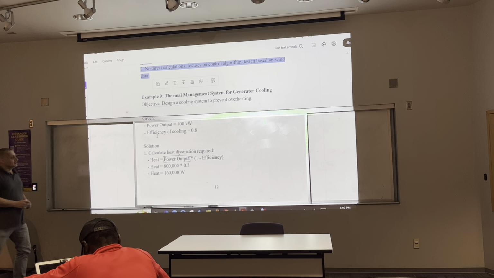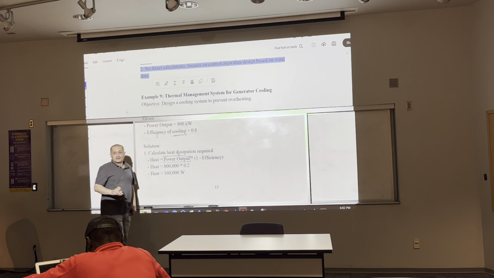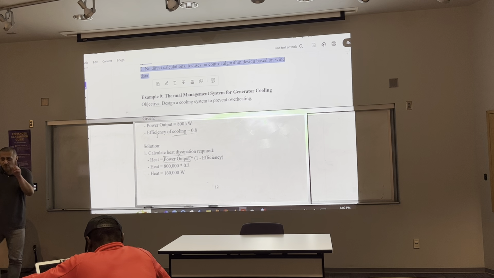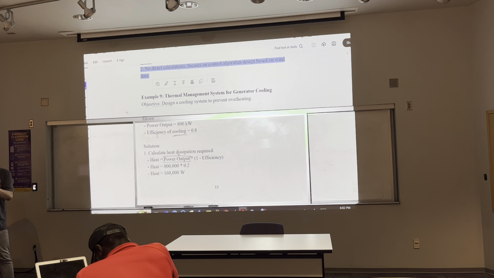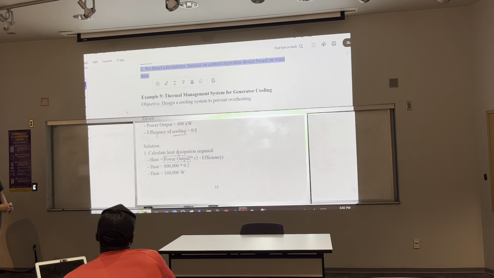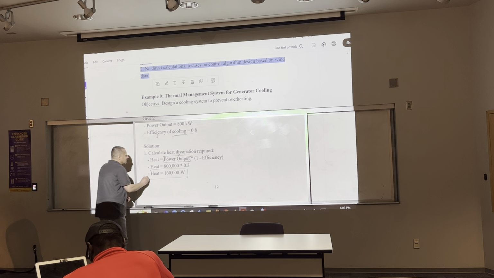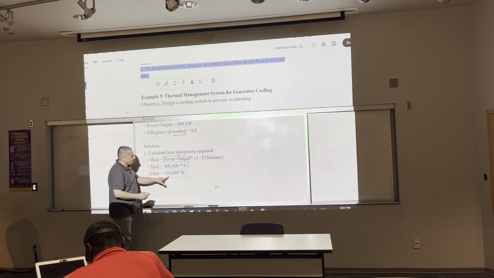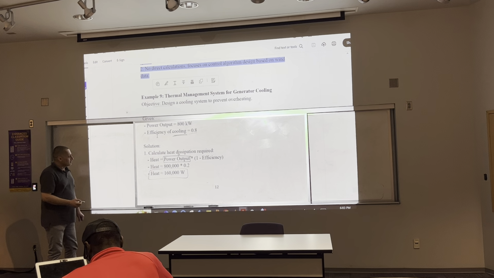This is not the efficiency of the turbine; for the turbine, if you need it, you can assume 95%. Here the efficiency of the cooling system is 0.8, so 1 minus 0.8 is 0.2. So the heat generated is 160,000.